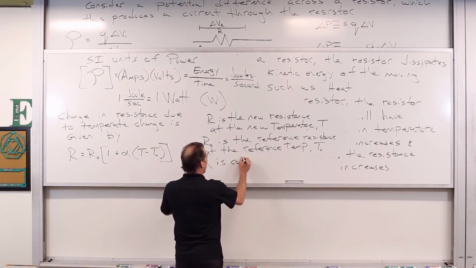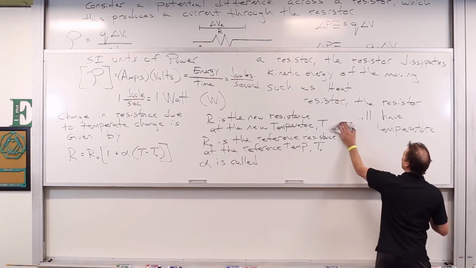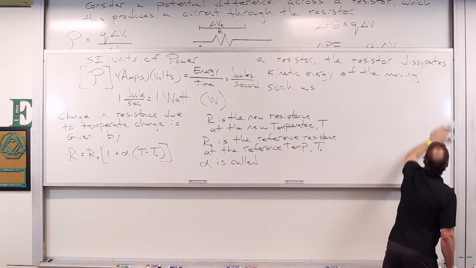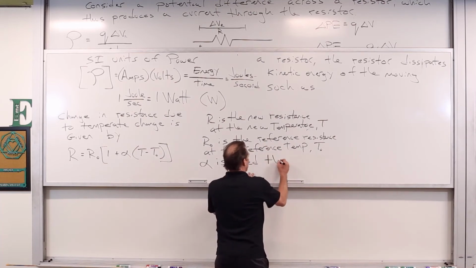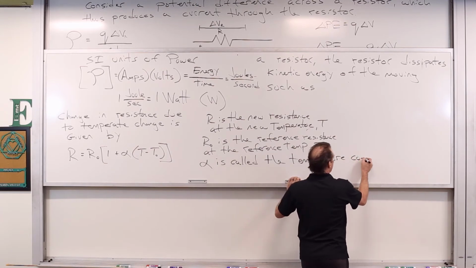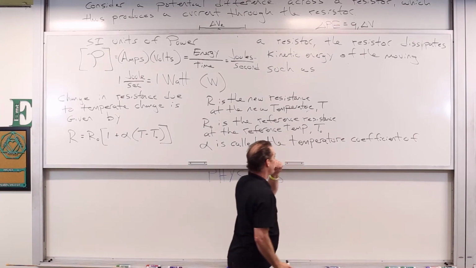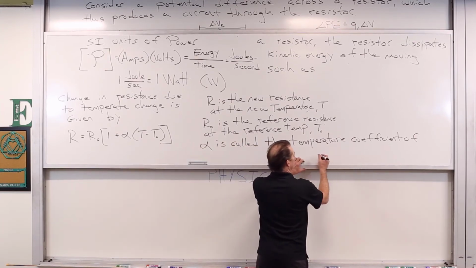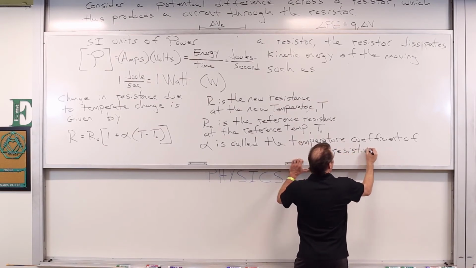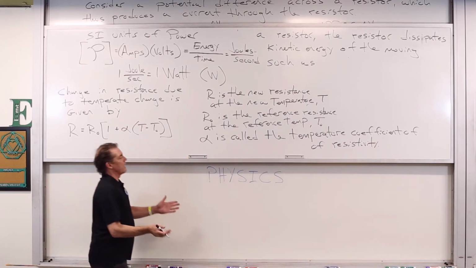Alpha is called the temperature coefficient of resistivity. And why not resistance?